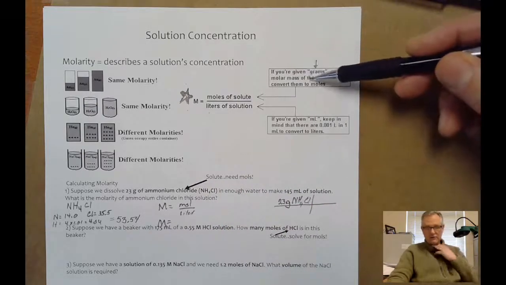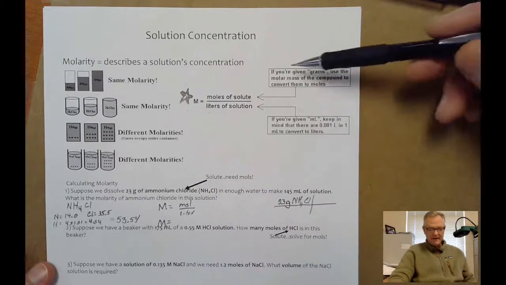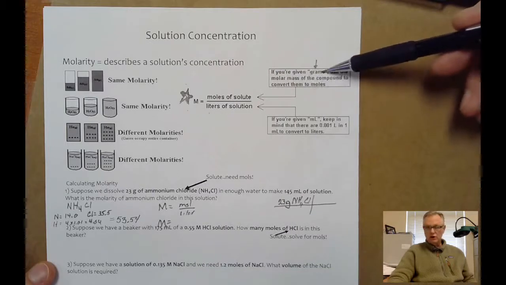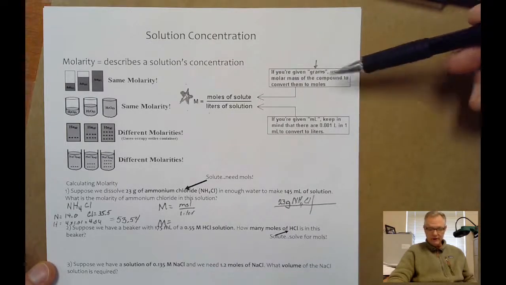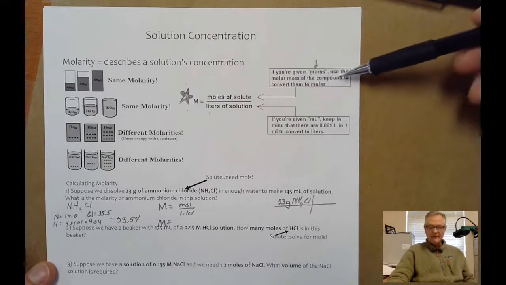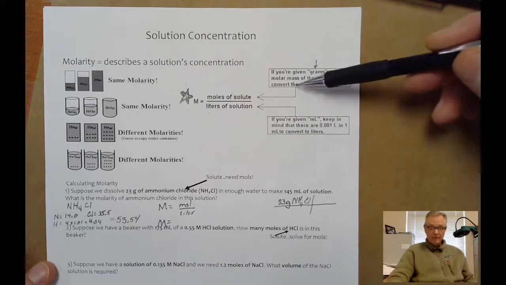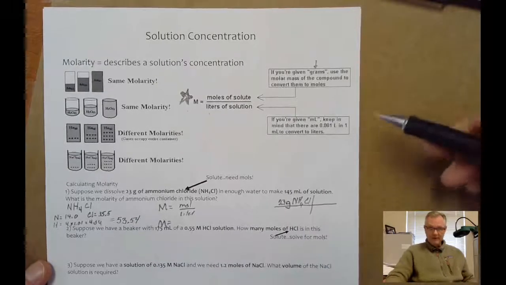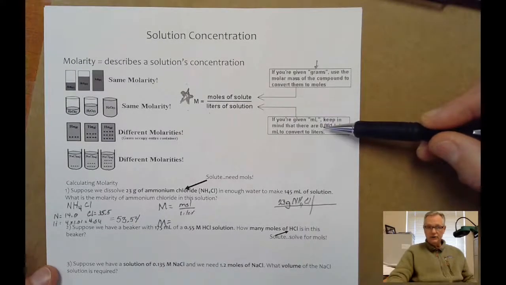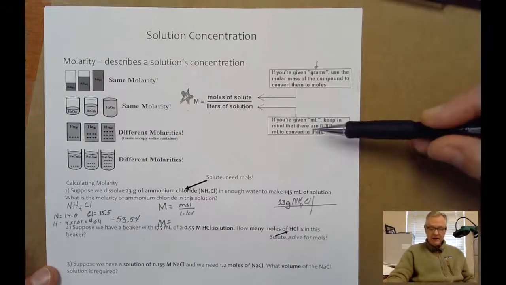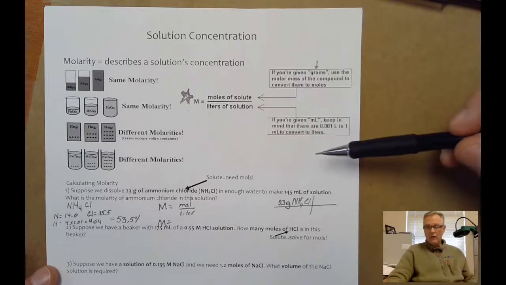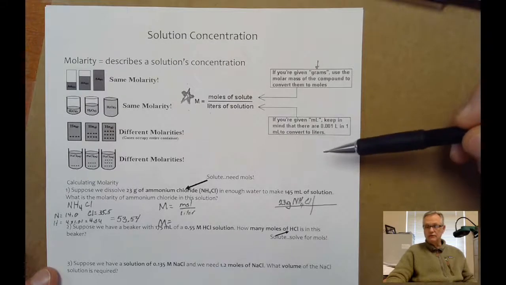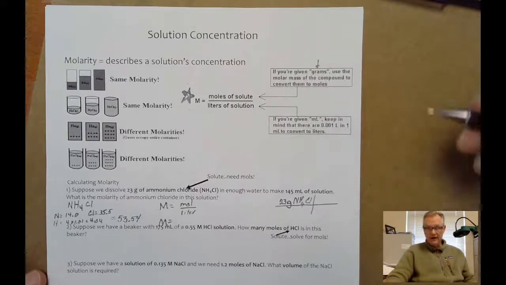I have a couple of extra little add-ons here. It says if you're given grams of your solute, then you can use the molar mass of the compound to convert that into the moles. Then if you are given milliliters of the solution, keep in mind that there is 1,000 milliliters per 1 liter, so you just move the decimal to the left.